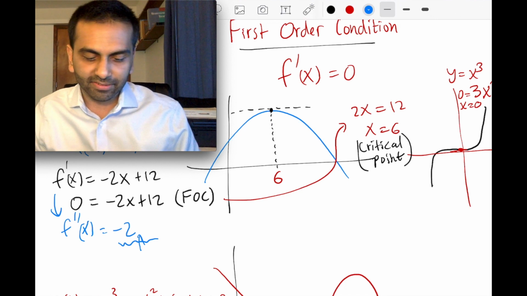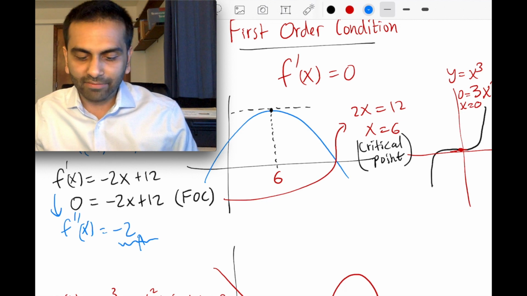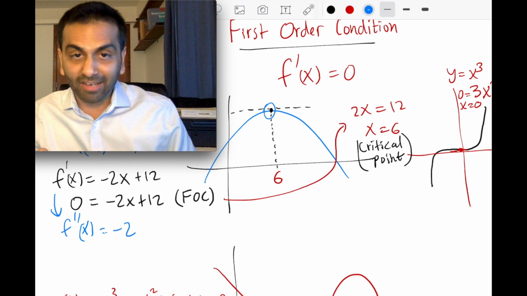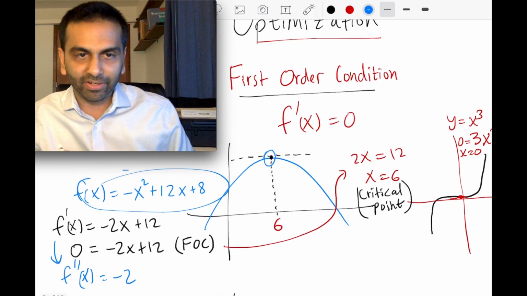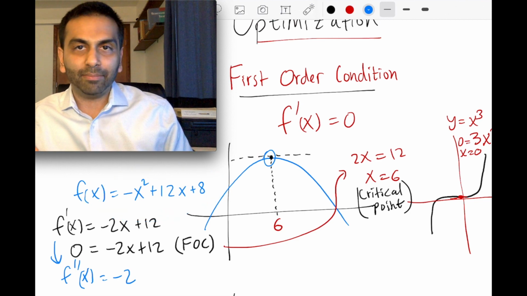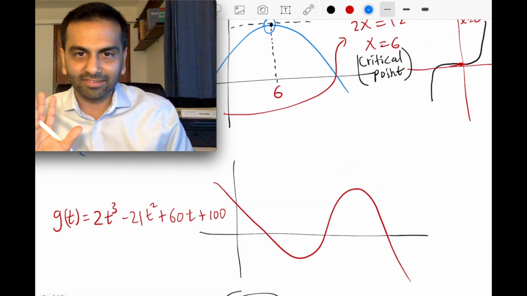So that's how we establish that the point 6 comma whatever y value you get when you plug 6 into this equation is a local maximum. So that's the optimization process.